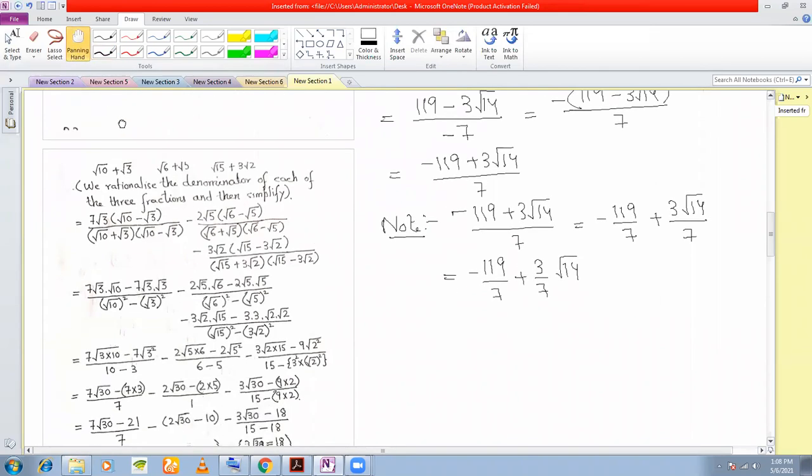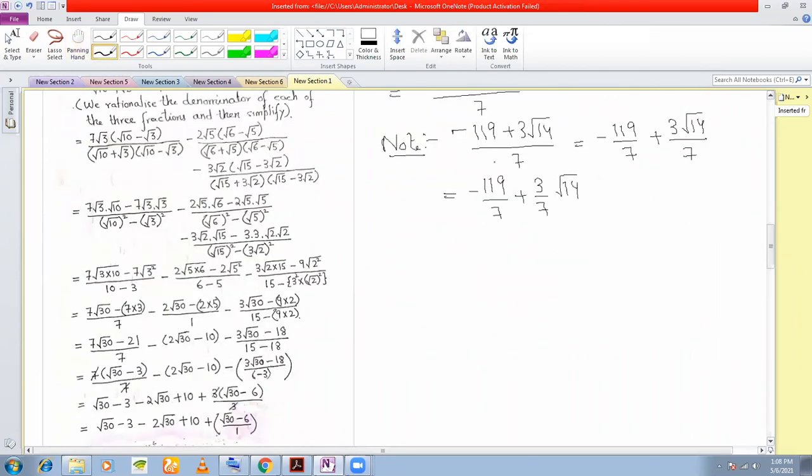Here, when we write this number like this, you see that this is purely rational, and this part is the irrational part. So this part is called the rational part, and this part is called the irrational part. Clear? Is this number, how to write it with the rational part and the irrational part separately, perfectly clear to all of you?